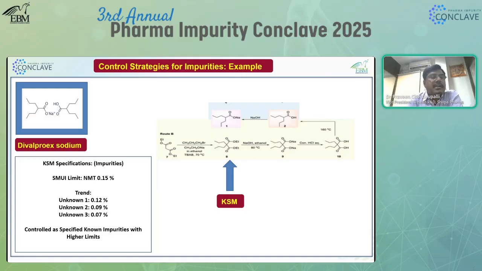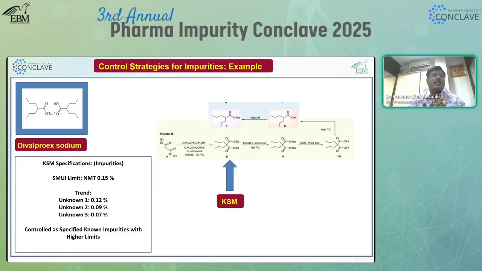This is a drug where the maximum daily dosage of divalproex sodium is 2 grams. So whether a known or unknown impurity, it shall be controlled in the API with a limit of 0.05 only, because the limit for unknown or known is 1 mg in total.